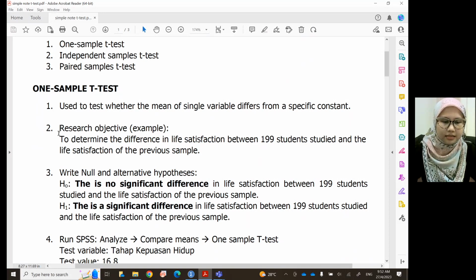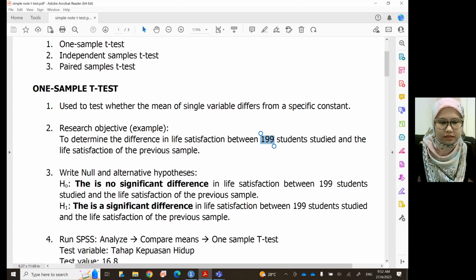To determine the difference, or to compare, in life satisfaction between 199 students studied, our number of samples just now, and the life satisfaction of the previous sample.